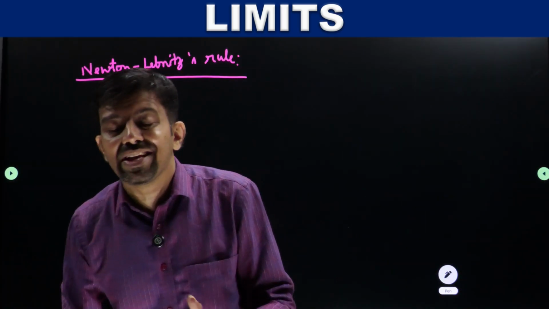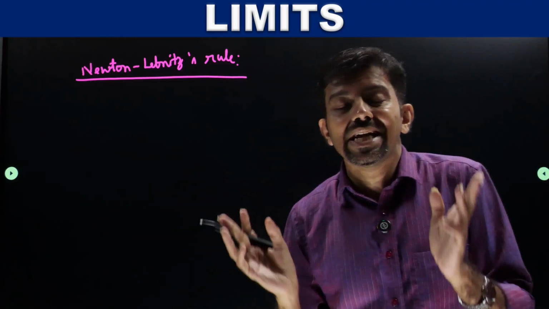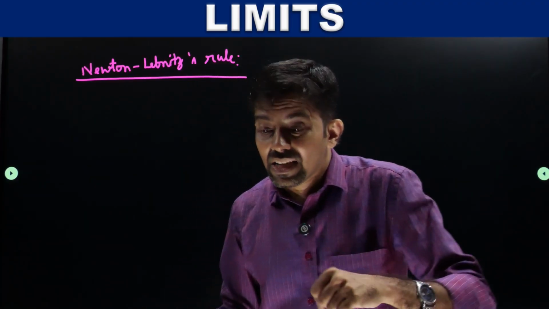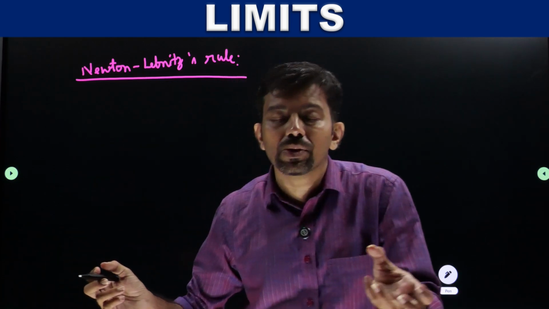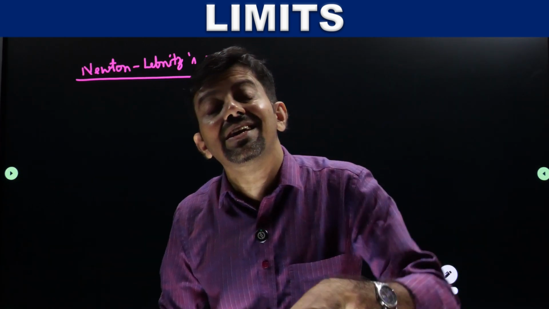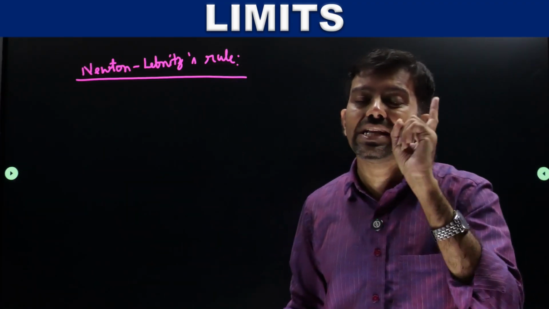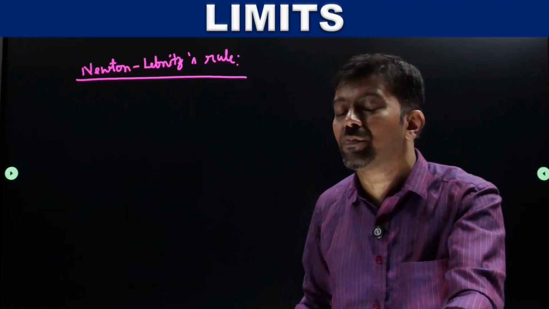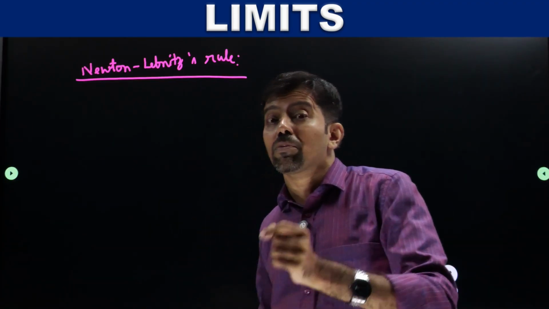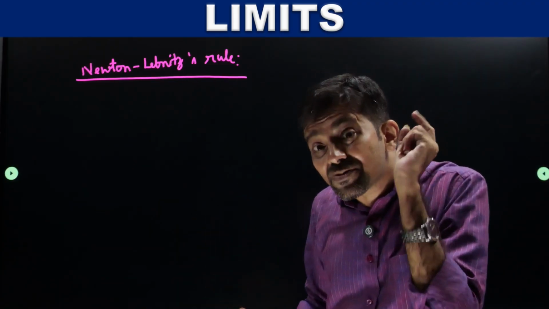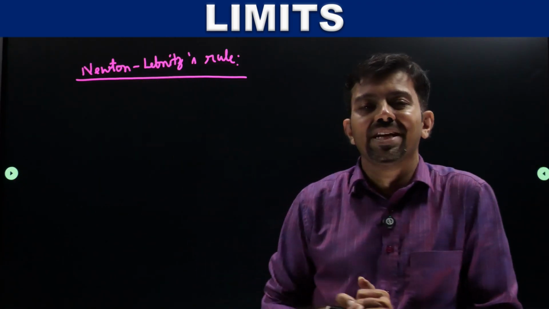Many times in competitive exams like JEE, they ask you to evaluate a limit that involves integration. A limit of a definite integral is given to you. In that case, it normally takes the 0 by 0 form, so you need to differentiate the numerator and denominator separately. To differentiate a definite integral, we use the Newton-Leibniz formula.